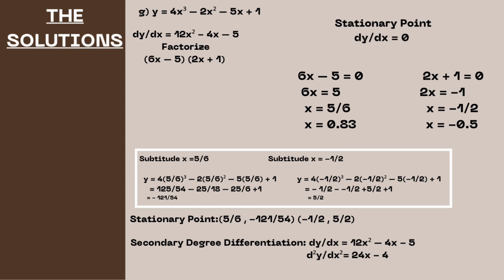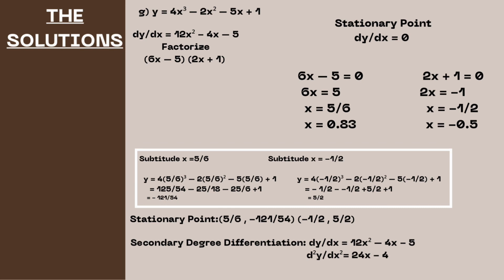So, 4 in bracket 5 per 6 power of 3 minus 2 in bracket 5 per 6 power of 2 minus 5 in bracket 5 per 6 plus 1. The answer would be negative 121 per 54.